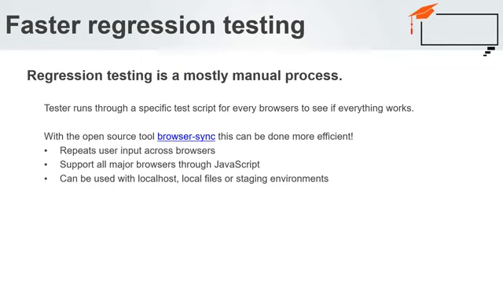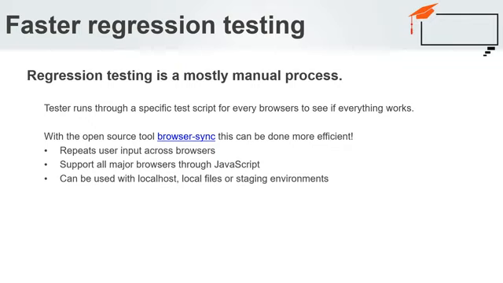My next point on the list is faster regression testing. So most likely you have done this once or twice before. You have a manual script or a feature list you have to run before every release to see if everything still works in all browsers.